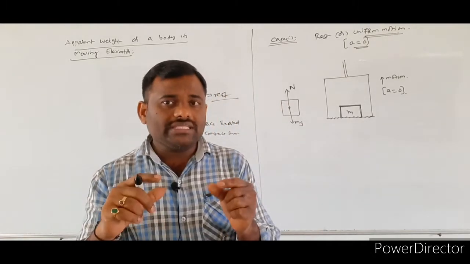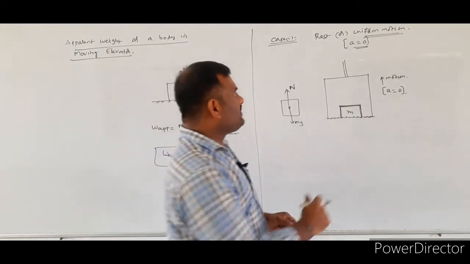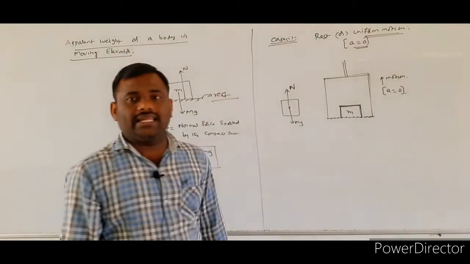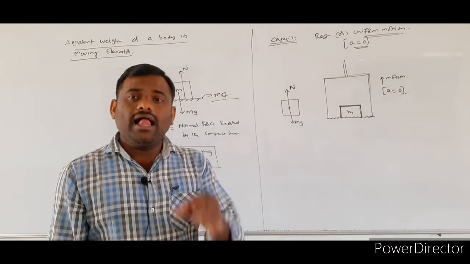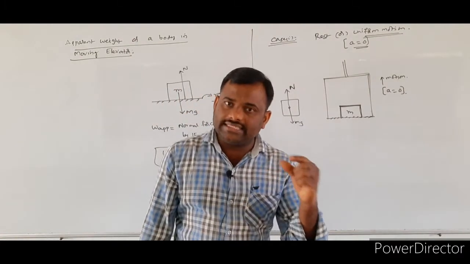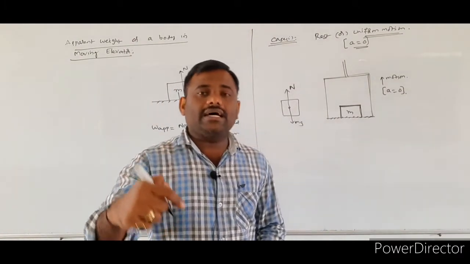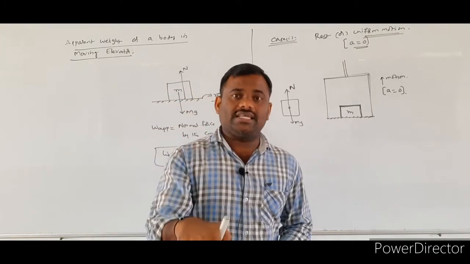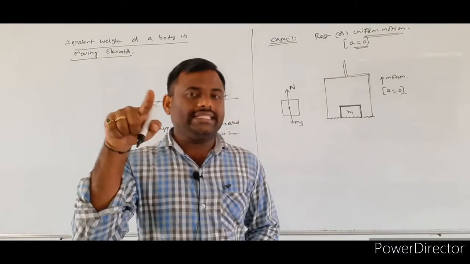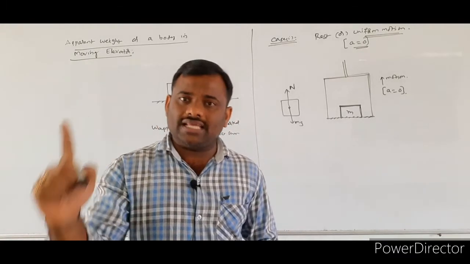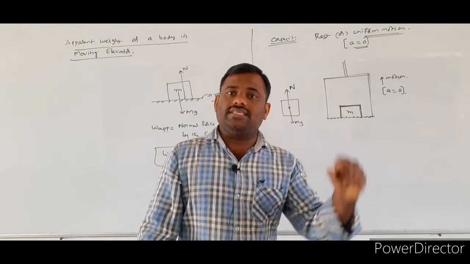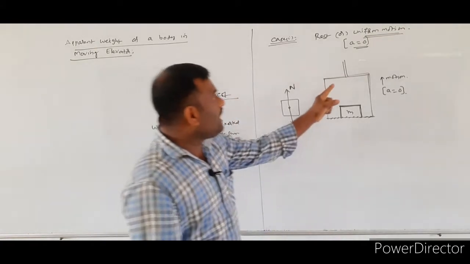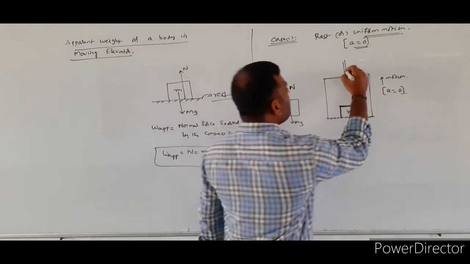So if a system is moving with a constant velocity or a constant acceleration, whatever objects are placed within that system are also moving with the same constant velocity or acceleration along with the system.